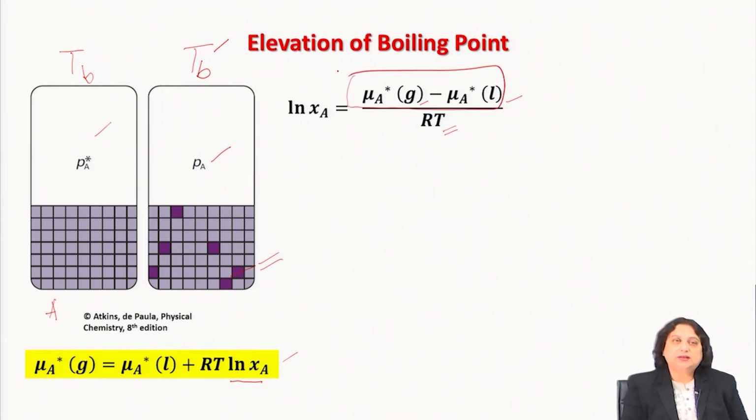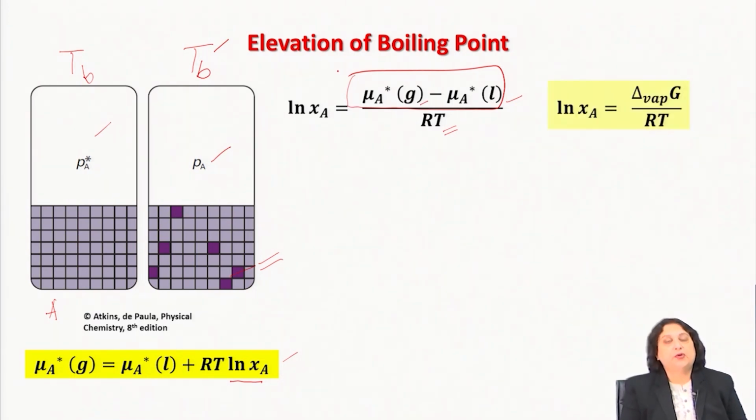In both the quantities that I am writing down, it is the chemical potential of the liquid phase and the gas phase of A when it is present as a pure substance. Therefore, I can replace this difference by the change in Gibbs free energy during vaporization, when the liquid and the gas phase coexist in equilibrium as shown in this case.